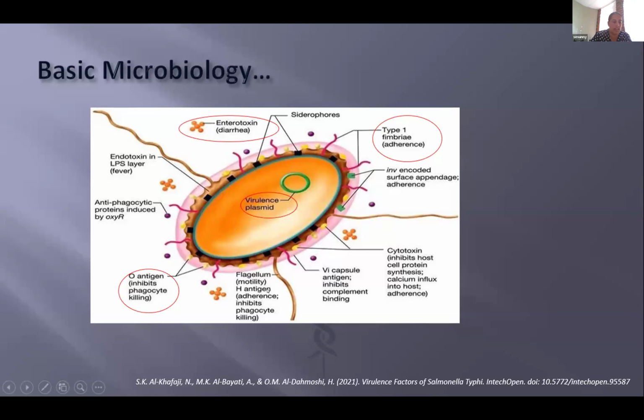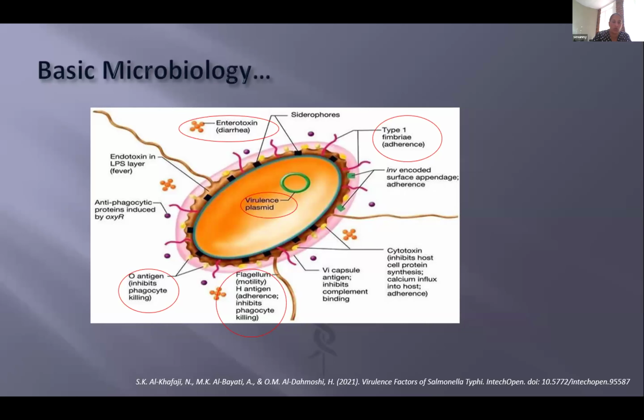Then you have the flagellar H antigens, and these come in two forms. These antigens are more heat labile. You've got phase 1 flagellar antigens, which are phase specific, and this only occurs in a few serotypes, and so it determines the immunological identity of a particular serotype.